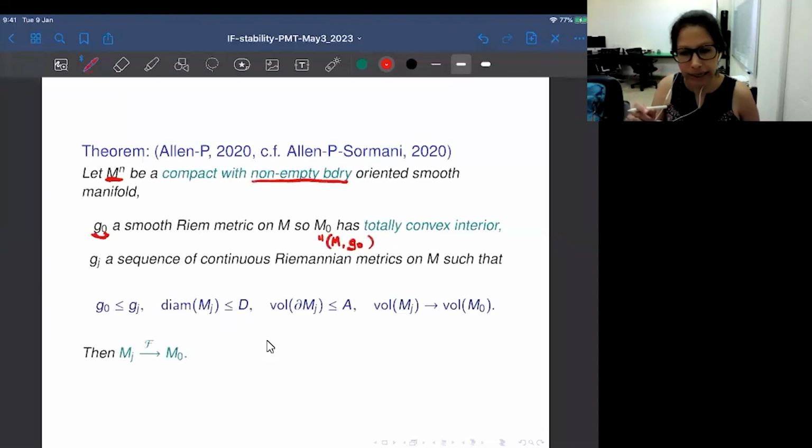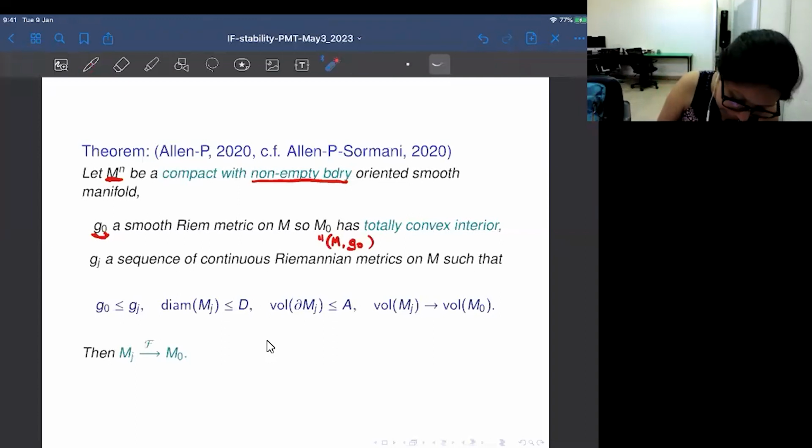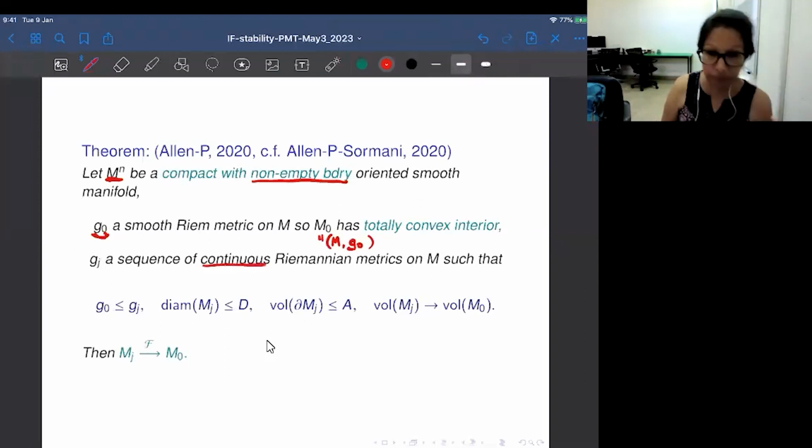And that only means that given two points in the interior, I can connect them by a geodesic, and this geodesic has to lie completely in the interior, okay? So I want this to happen. And then I also have a sequence of Riemannian tensors, gj, and these gj only need to be continuous, okay?